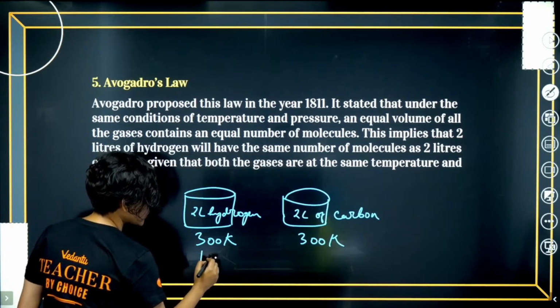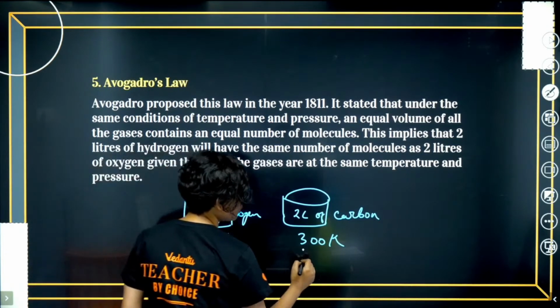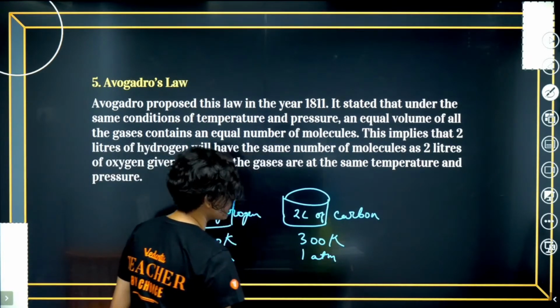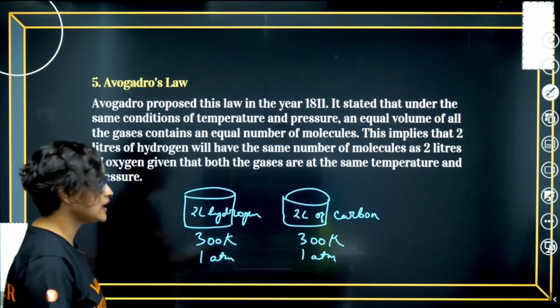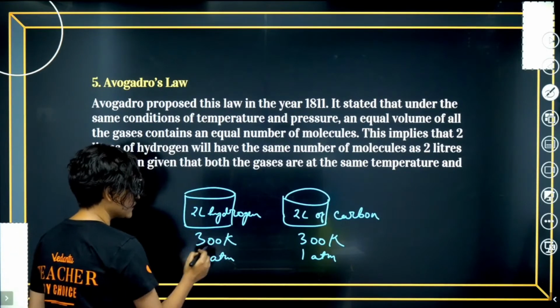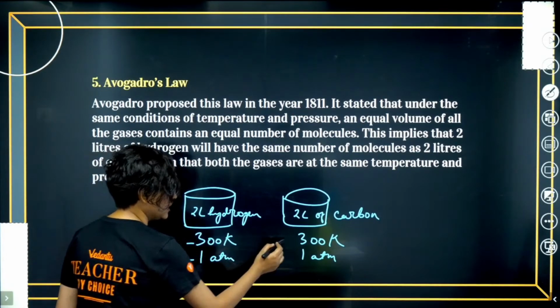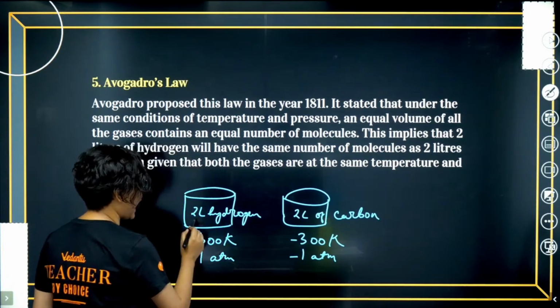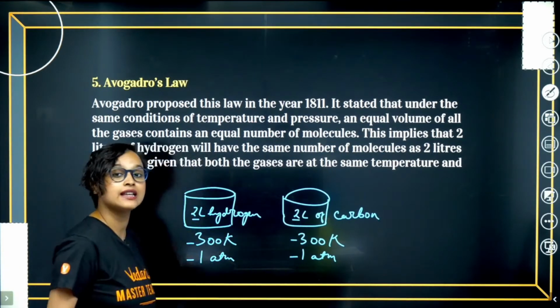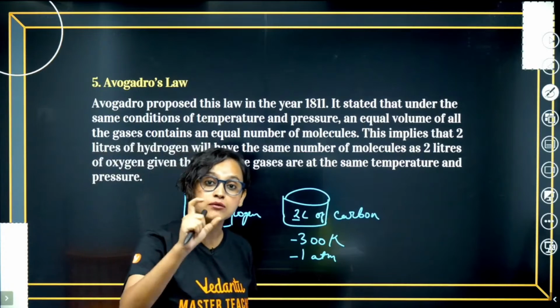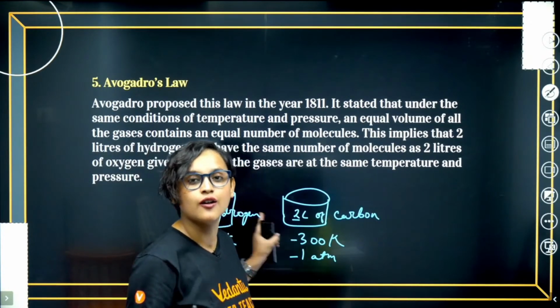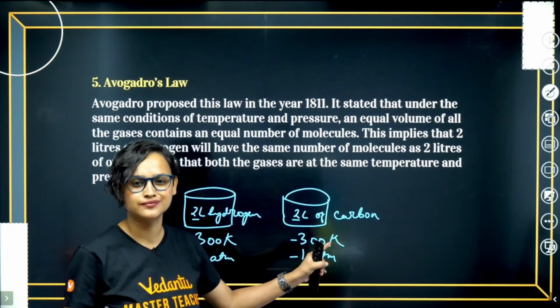Here the pressure is 1 atmospheric pressure, and here also 1 atmospheric pressure. Now this law states that if the temperature, the pressure and the volume of the gas is the same, then the number of molecules will also be equal.